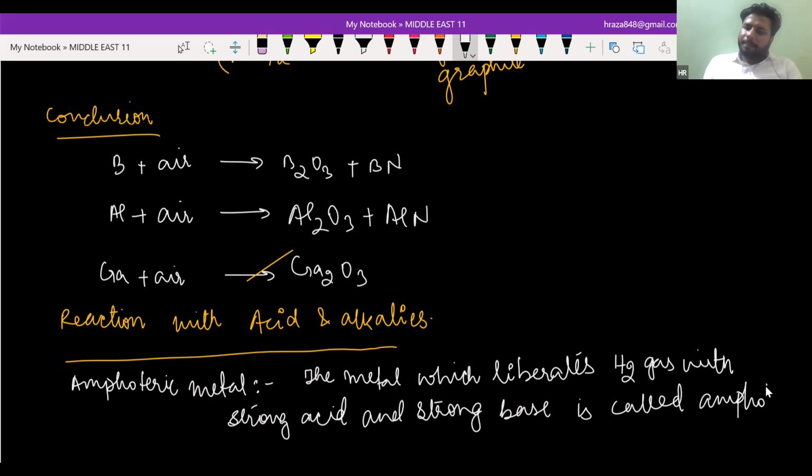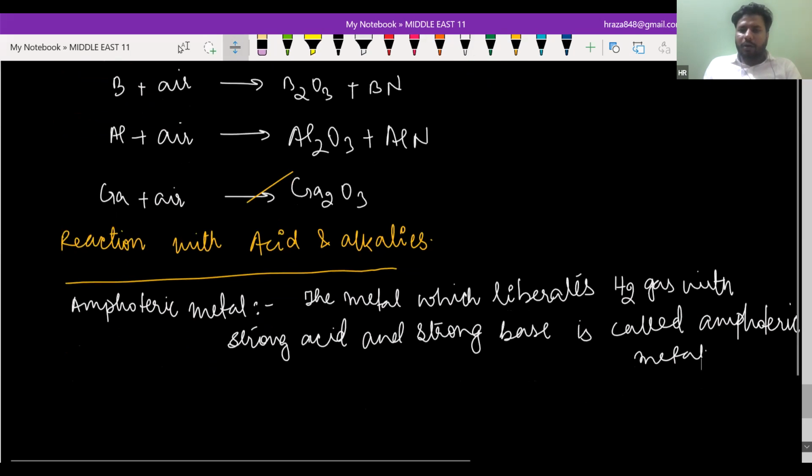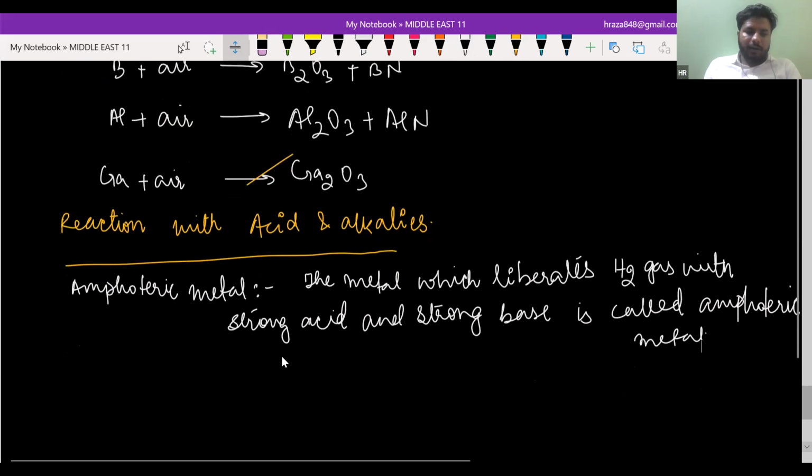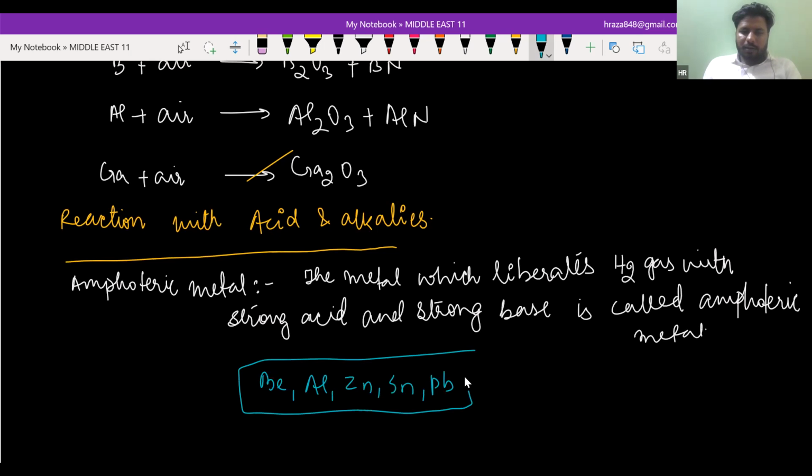Basically, the metal which reacts with acid as well as base to evolve hydrogen gas is called an amphoteric metal. We are going to take some examples, or the list of amphoteric metals is this. These all are amphoteric metals.